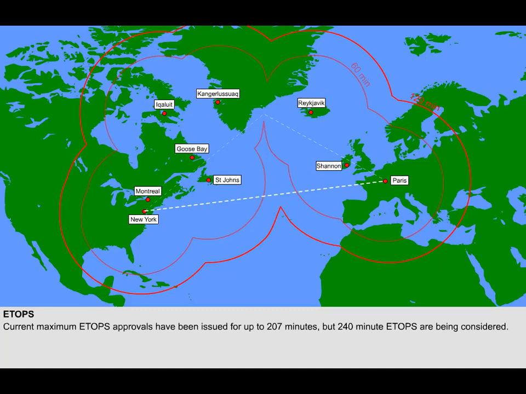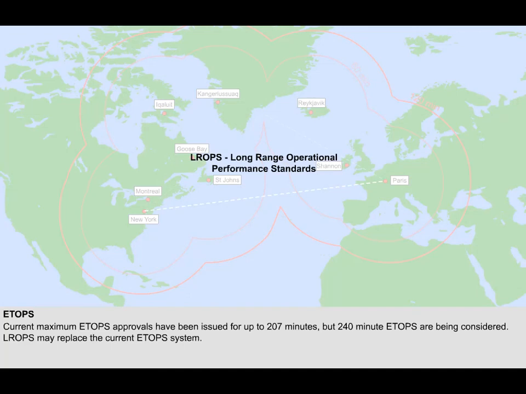It currently holds an approval of 180 minutes, with contingencies for 207 minutes over the Pacific. In the future, ETOPS may be evolving into a newer system called LROPS. LROPS stands for Long Range Operational Performance Standards, which will affect all aircraft, not just those with twin-engine configuration.